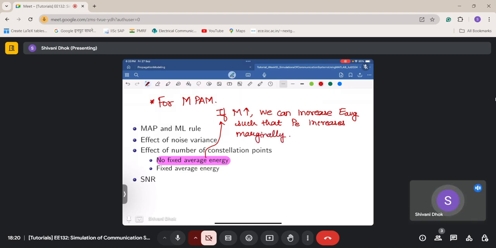But this is not an appropriate comparison. The best comparison, or a better way to compare, is to compare it when we have fixed average energy. So this is a more appropriate way to compare the results.